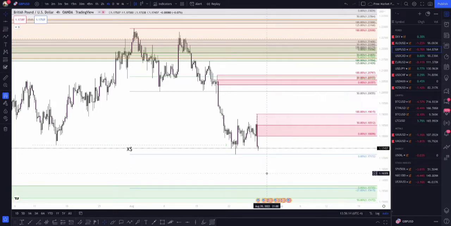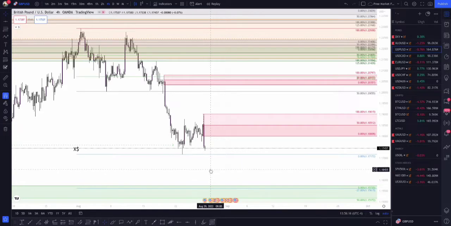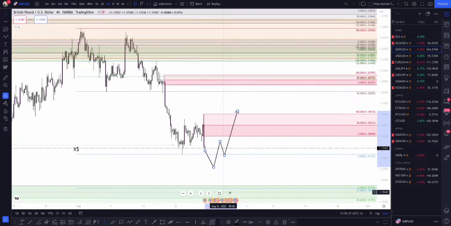Now we could get a case where price will form newly demand, head up, come back, test the demand, and we can take that long. But again, from the onset, I'm looking for price to make its way down to this unmitigated 4 hour and then take it up from there.